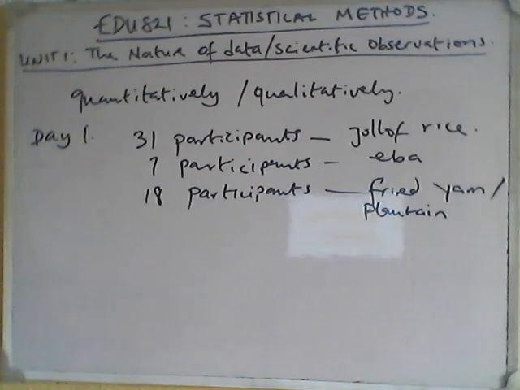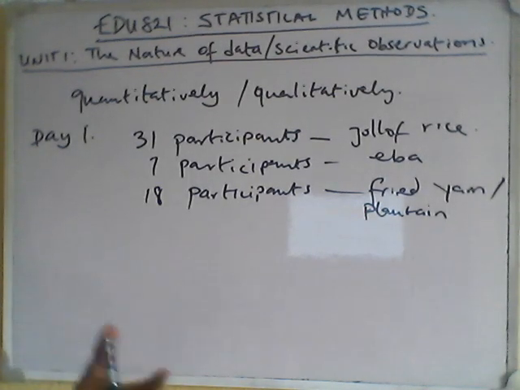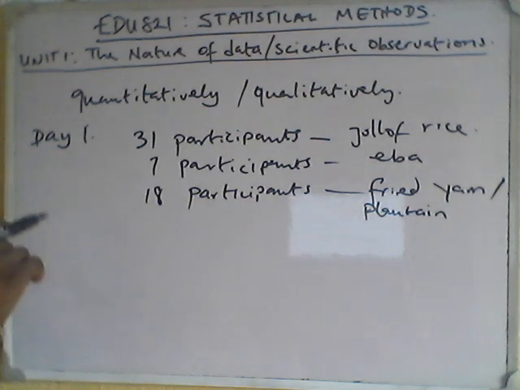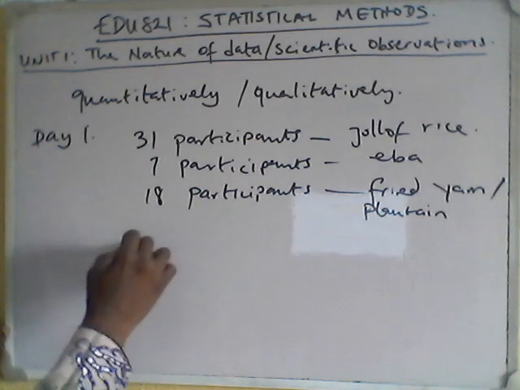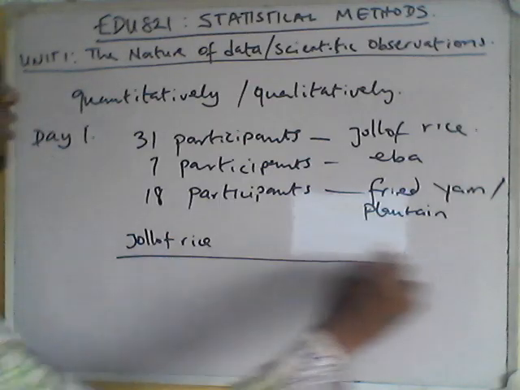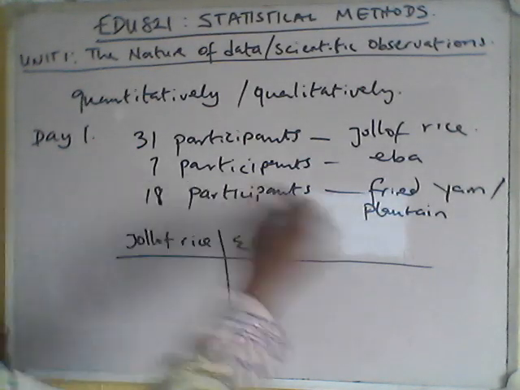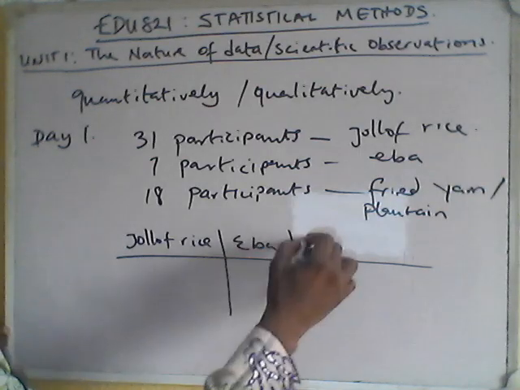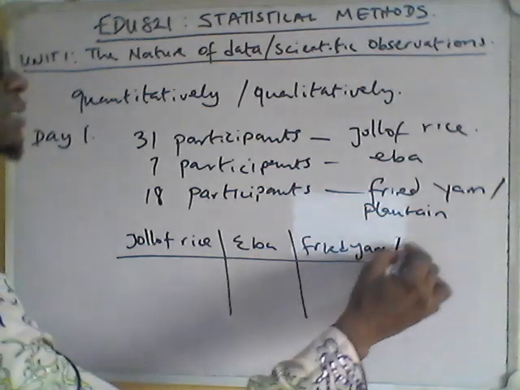You can put this kind of information in a table, you understand, in a table. I can just put it like this: jollof rice, eba, and the last one is fried yam and plantain.